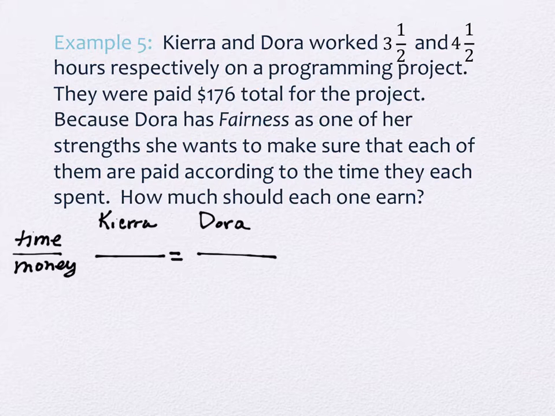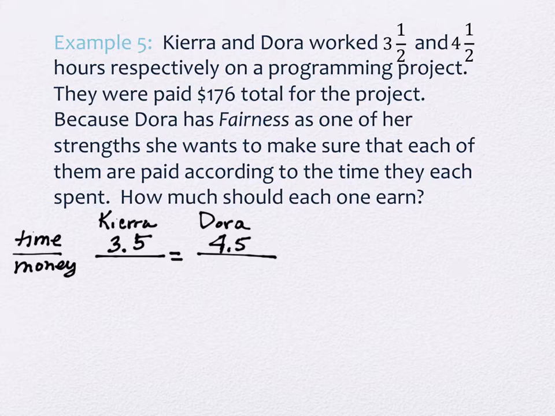Okie dokie then. The time is the easy one, because we know how long each of them worked. How much time did Kierra work? Yeah, 3.5, and you can write it in fractional form or decimal form, whatever works for you. I'm going to go with decimals for the moment. How much time did Dora work? 4.5.